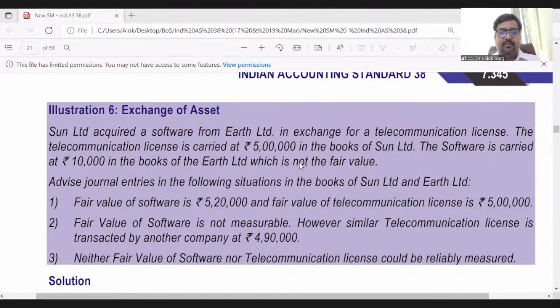Vidula, in option number 1, what you are doing is you have recognized an intangible asset, right? In this case, if you have recognized an intangible asset, you have to amortize it.